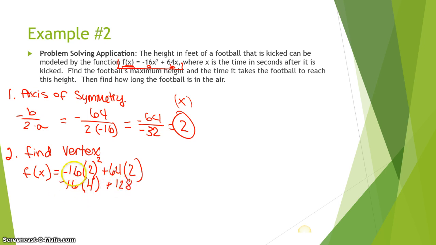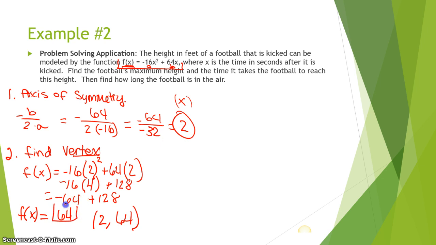Negative 16 times 4 gives me negative 64 plus 128. So my f of x or my y is going to equal 64. So now to write my vertex, it's going to be 2, 64, because my x is 2, my y is 64.